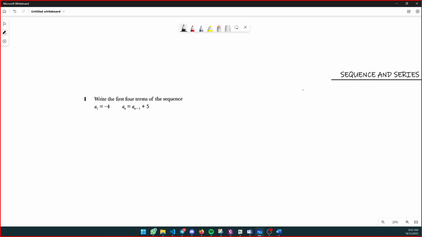What could the four terms of this sequence be? How would this continue? They already give the formula: an equals an minus 1 plus 5. Would you like to give it a try? Or I can just proceed. You know what? I'll just proceed.